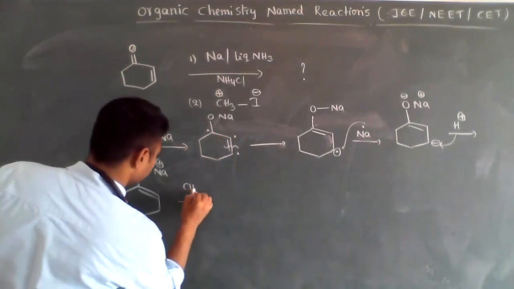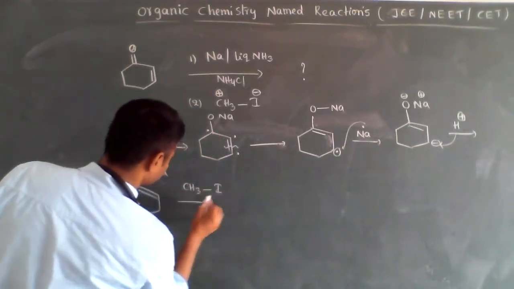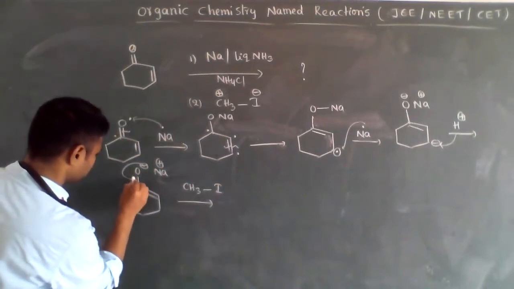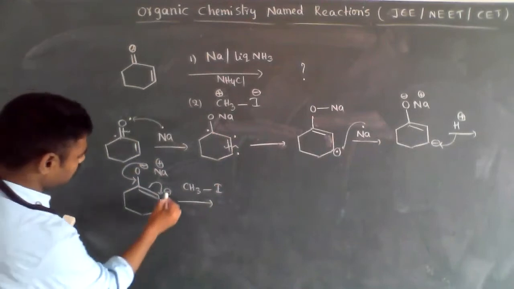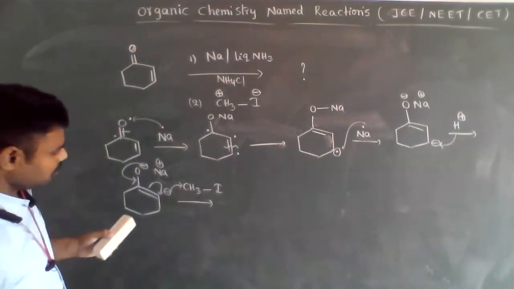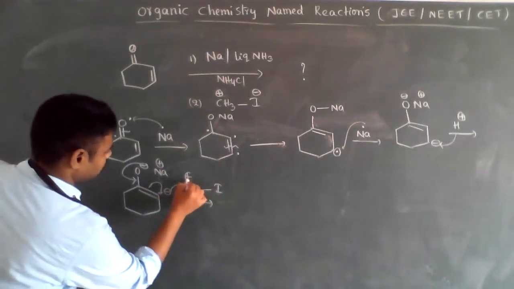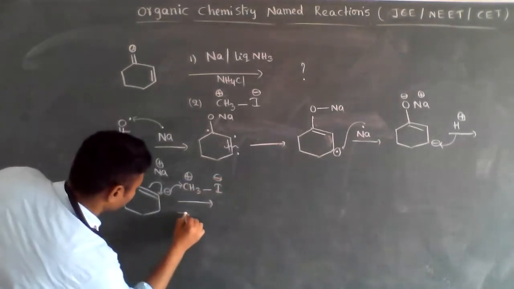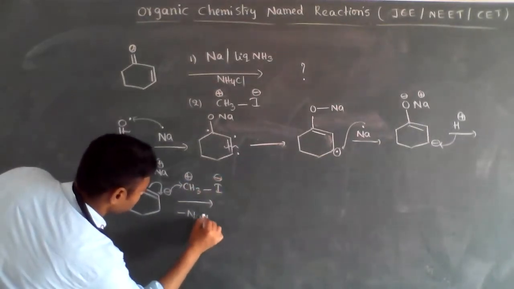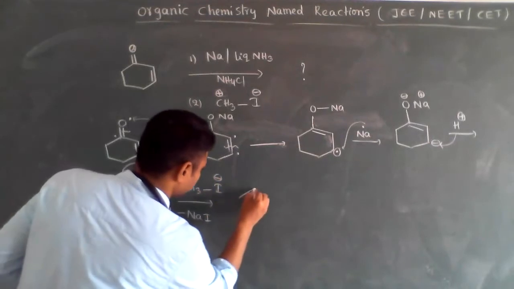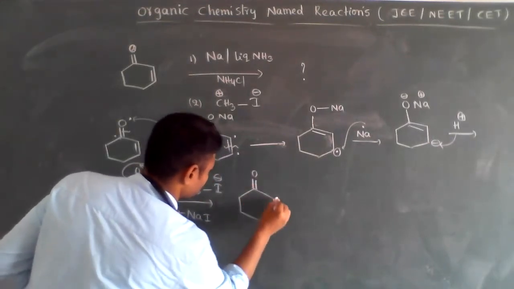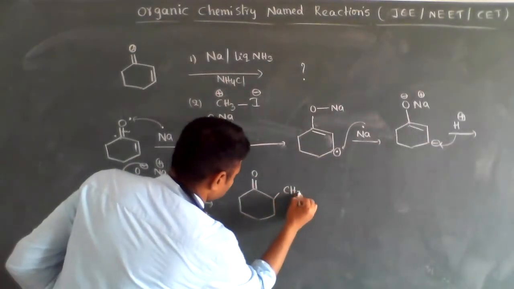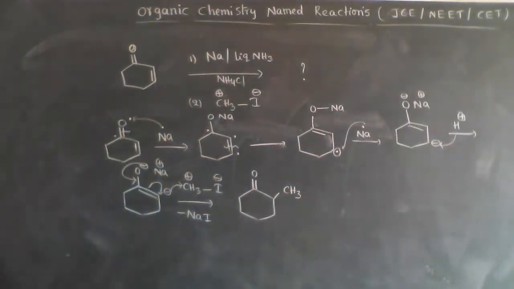Just again treated with methyl iodide. This carbon having negative charge attacks the CH3, with loss of sodium iodide, then we are getting 2-methyl cyclohexanone product.